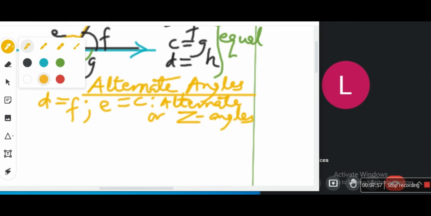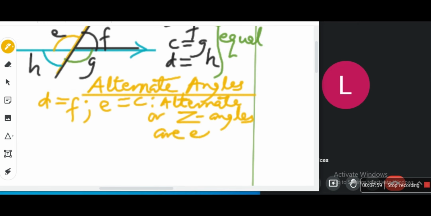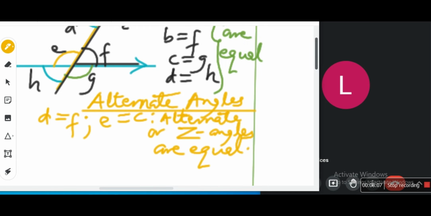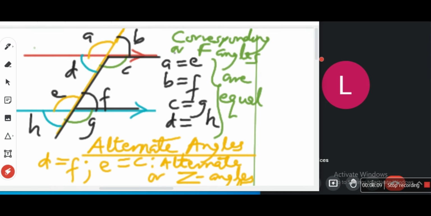Alternate or Z angles are all equal. That's why we wrote D is equal to F and E is equal to C. When you start this way, it alternates to the other way.